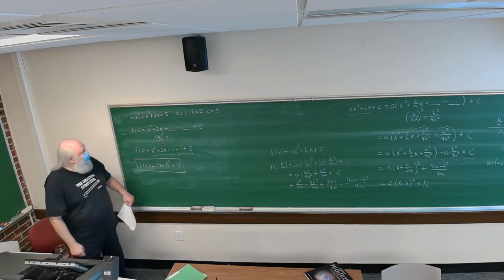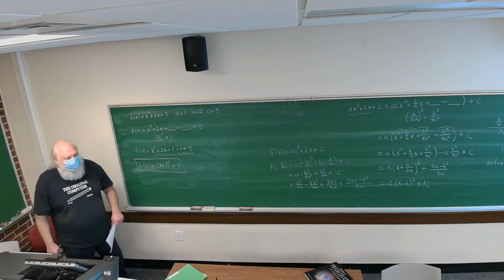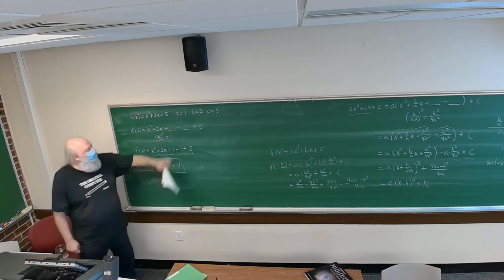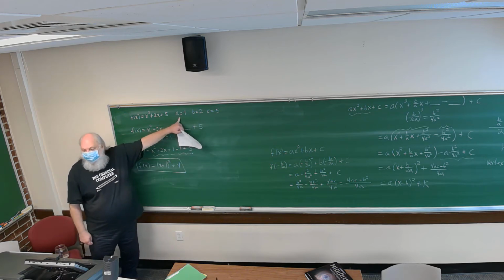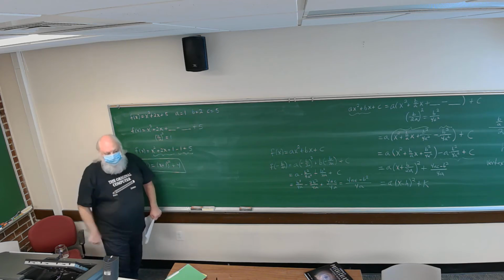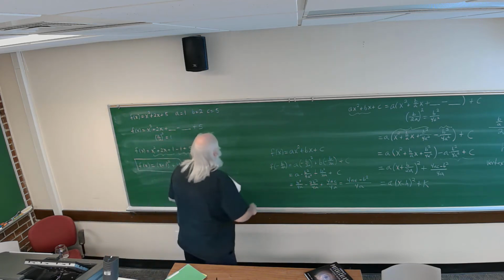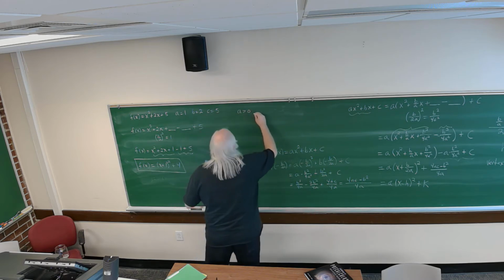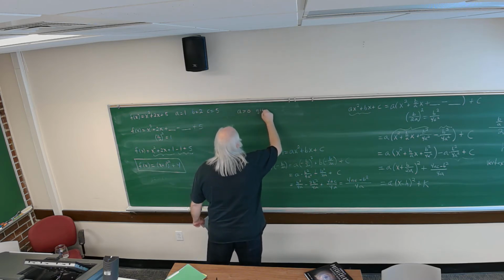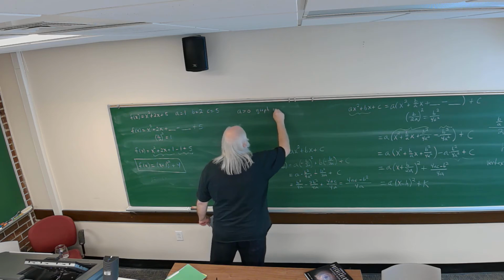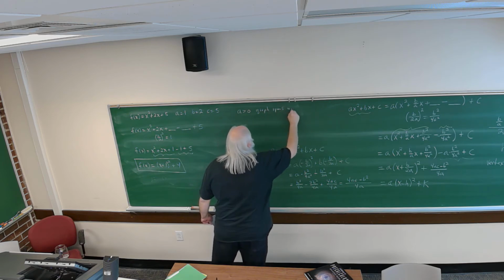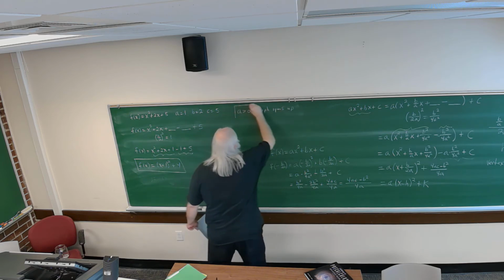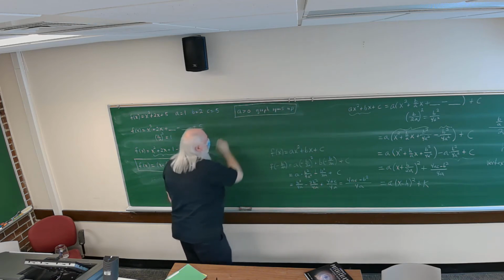Opens up, because A is positive or negative. If positive, it opens up, right? So A is greater than 0. So the graph opens up. Last time I checked, 1 is greater than 0, right?